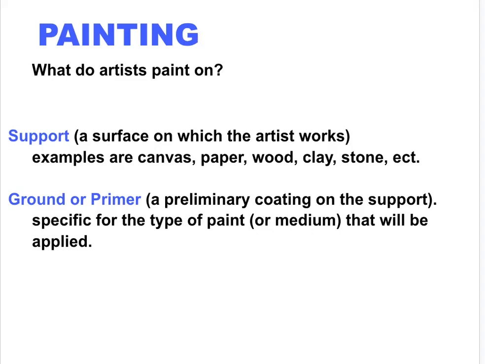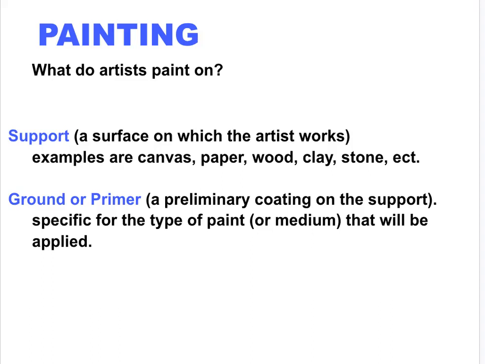They painted on the cave walls, right? That was their support. Stone, again. So there's just lots of different things. You could think about train cars or graffiti painted on the side of buildings, or murals and wall art. All of those things could be very large supports where painting can happen.